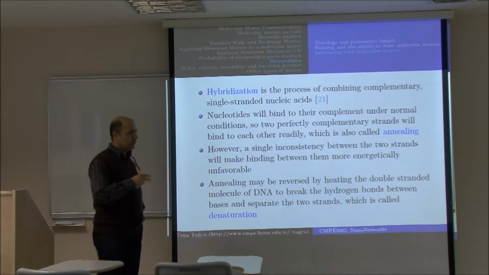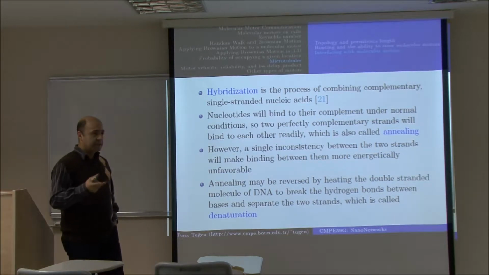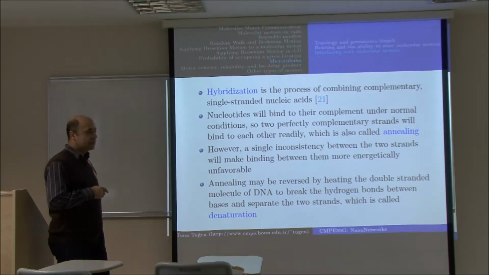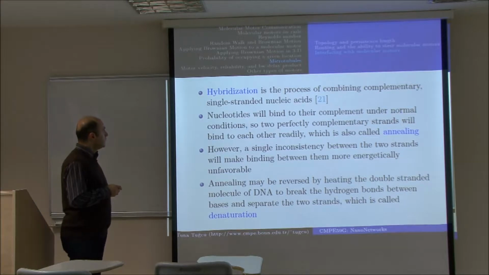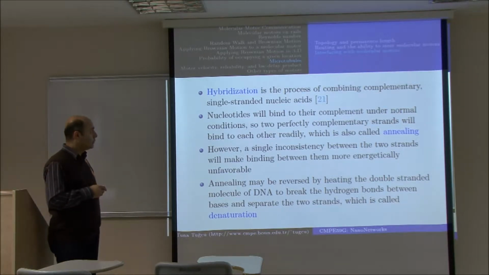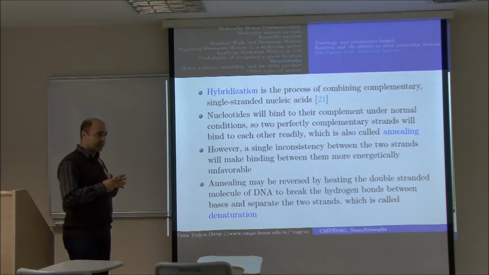Now we'll slightly talk about DNA and the relationship between the DNA and the microtubular motors and the channel capacity related issues. So, hybridization is the process of combining complementary single-stranded nucleic acids to form the DNA.